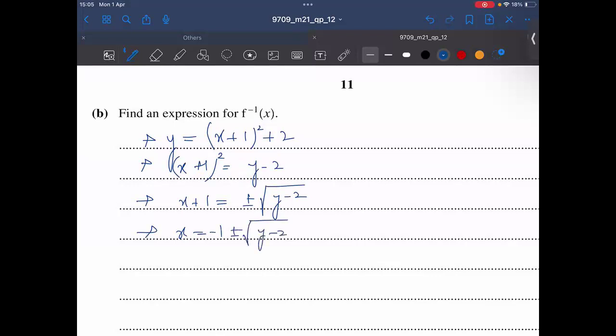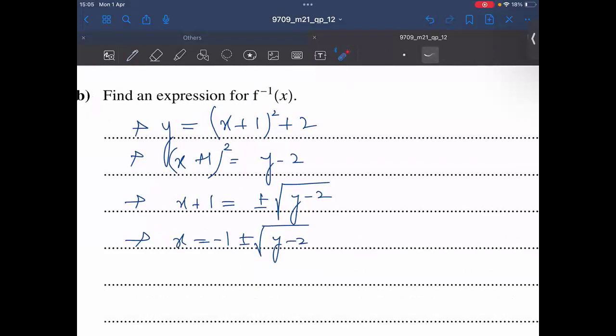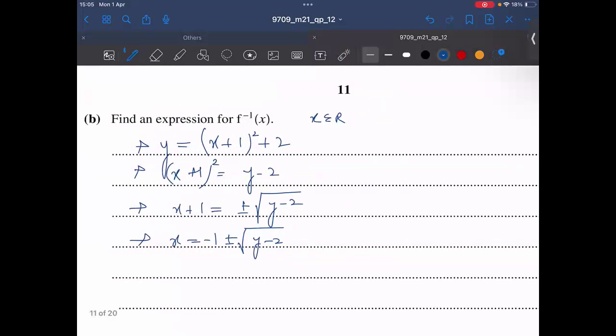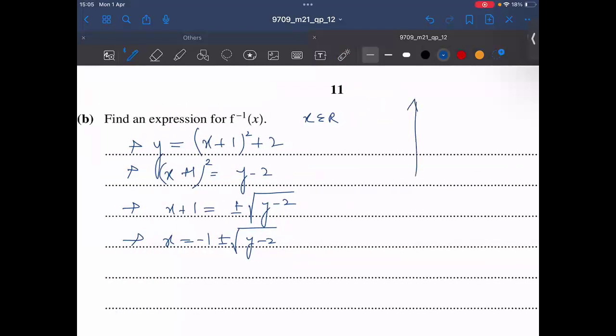All right. Now, let me just recall for you, this is what we call a relationship. If, for example, the domain is x belongs to real numbers, you're going to have the curve like this.